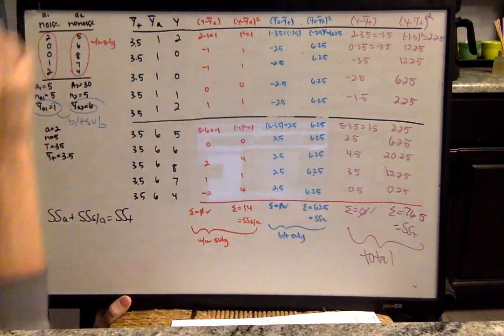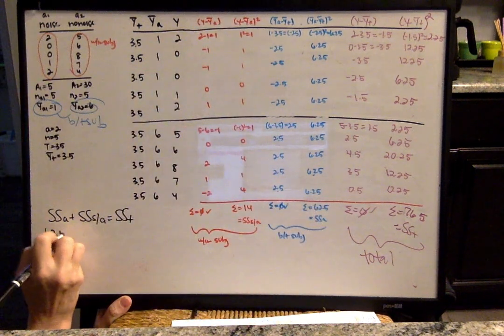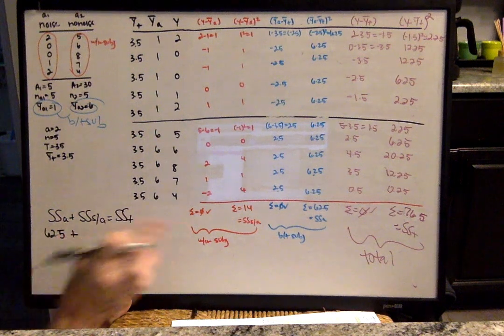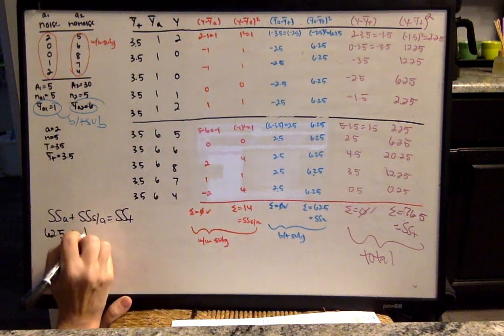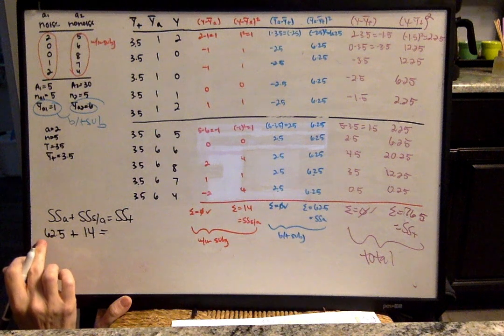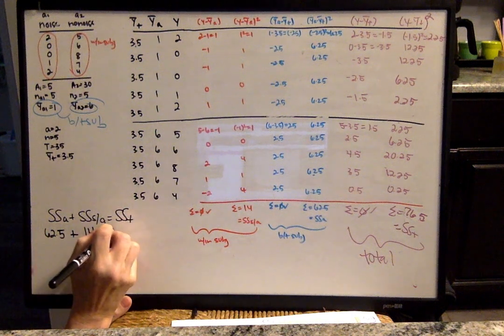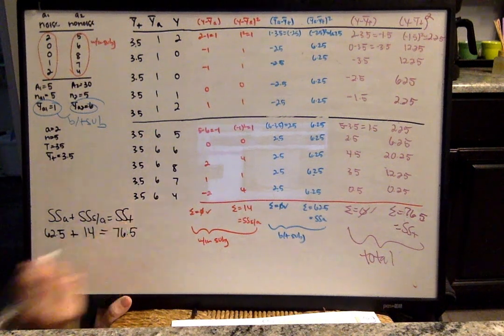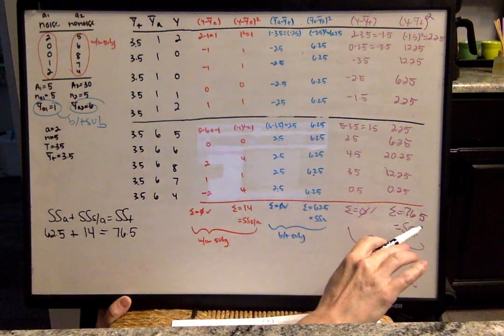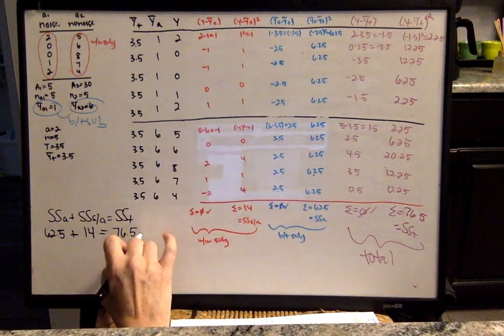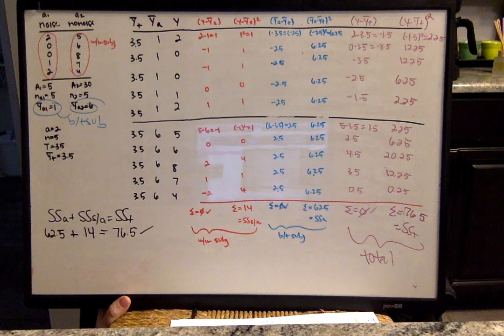Our sum of squares a here was 62.5. Our sum of squares s over a was 14. 62.5 plus 14 equals 76.5. Is that what we got for our sum of squares t? Yes, it is. So this is a good check to see if your numbers look correct.